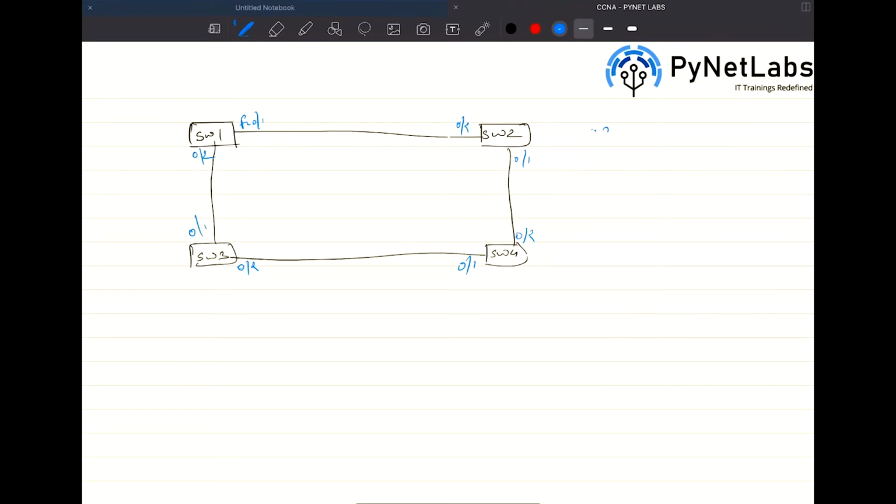The MAC addresses are of course 1111, 2222, 33.